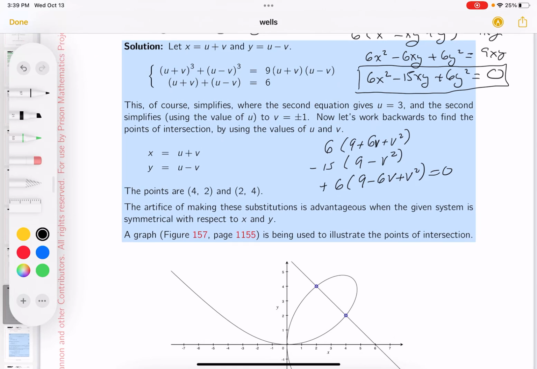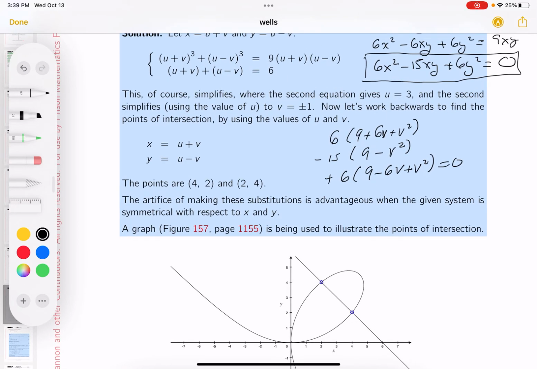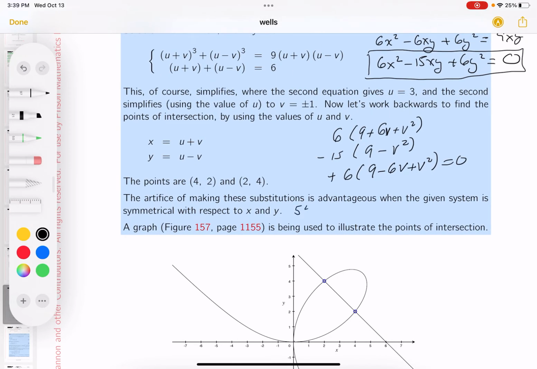Now, granted, some say you're running out of room, maybe, but I think I can do this. And I'll write it down for you. That's going to be 6 times 9, 54. I'll try to be careful. 36v plus 6v squared. That's done. And then I'm going to get minus, well, let's see, that's going to be 90 and 45, 135, plus 15v squared, plus 54. I'm running out of room, so I'll put it over here. Minus 36v, and then plus 6v squared, right?